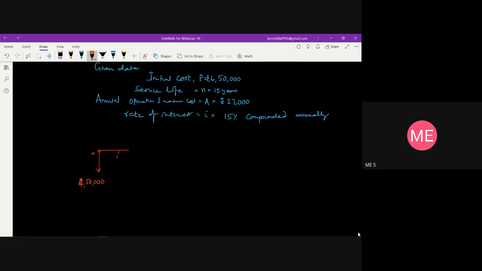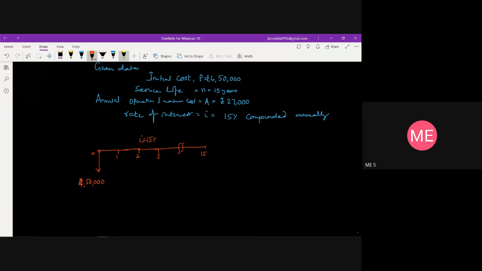Then 1, and then 2 and 3 and so on, up to 15 years. So this is for 15 years, and I is 15% compounded annually.